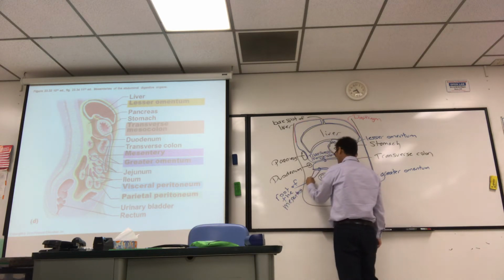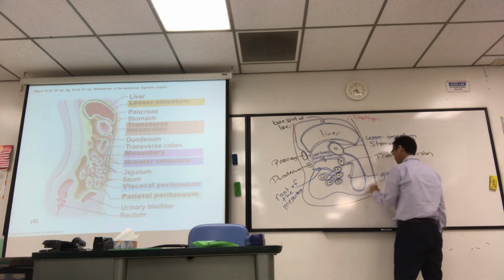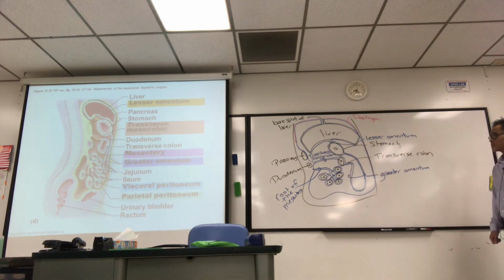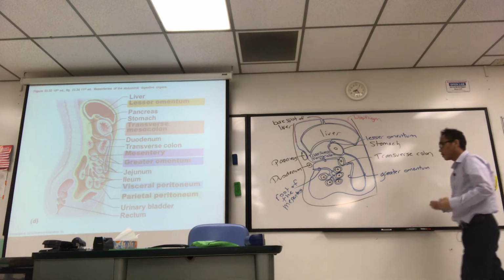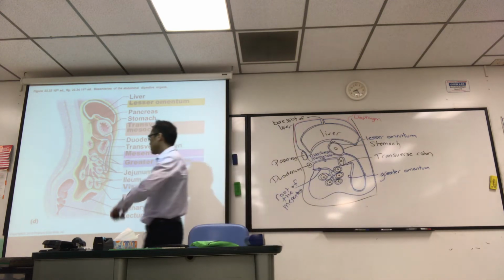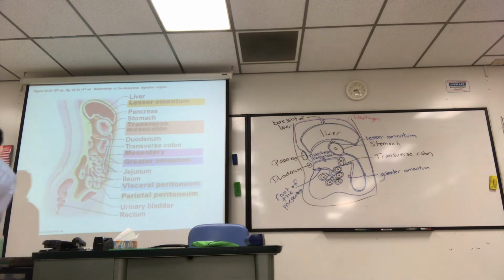I can just kind of finish off the rest of the parietal peritoneum. That's really a more accurate picture of how the organs are fixed in place by mesenteries. There's other mesenteries, but I think I gave you all the main ones I want you to know. And I have some more pictures to show you the mesenteries.